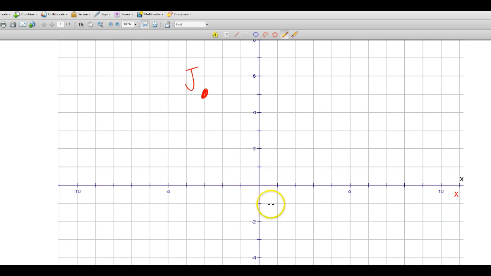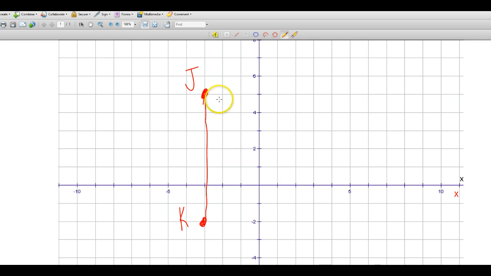And K is at -3, -2. And K is our right angle. And we want the coordinates in the fourth quadrant, so this quadrant here.